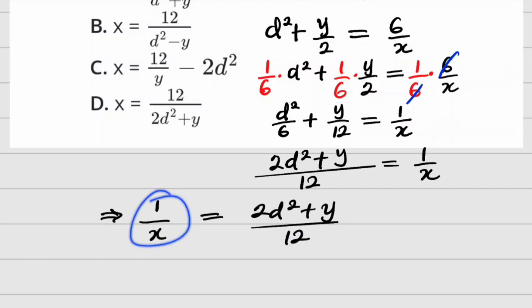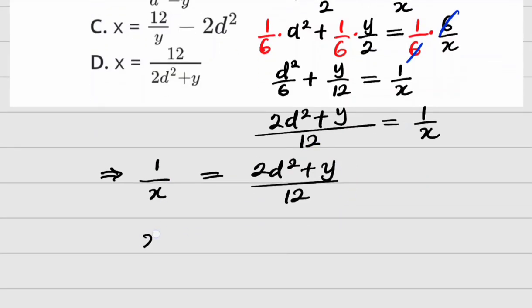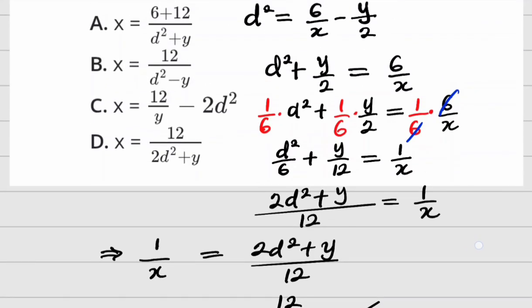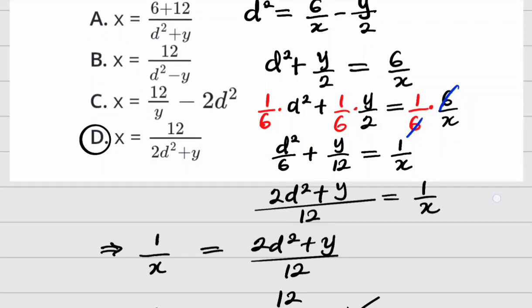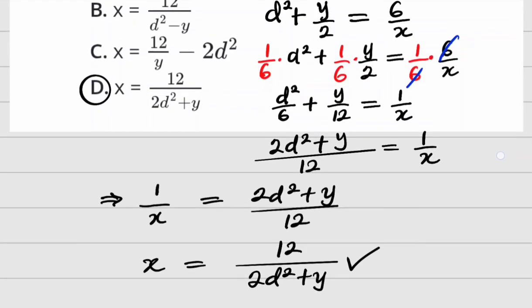So this is the reciprocal of x. So find the inverse of this, that is, turn this upside down and also turn this upside down, so both sides will be affected. Therefore our x will be 12 over 2d squared plus y. This is the final and correct answer. Option D, that is 12 over 2d squared plus y.